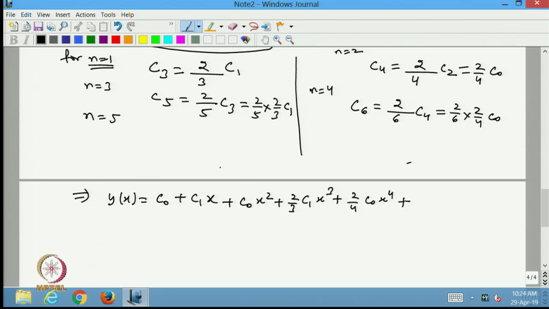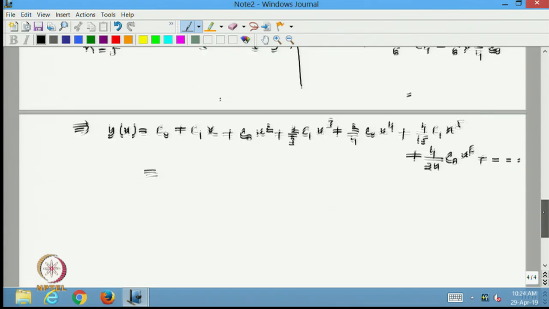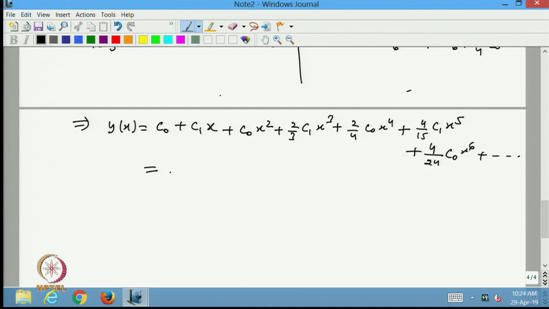Now, C5 is also in terms of C1, so I can write it as 4 by 15 C1 x raised to power 5, and then further I can write C6, it will be 4 by 24 C0 x6 and so on. Now, from here I can solve further, and I will collect the terms corresponding to the coefficients C0 and C1.